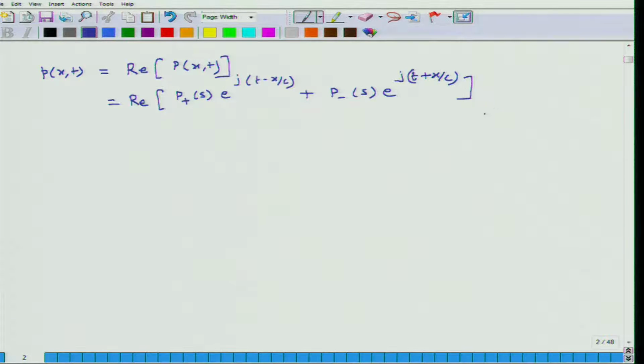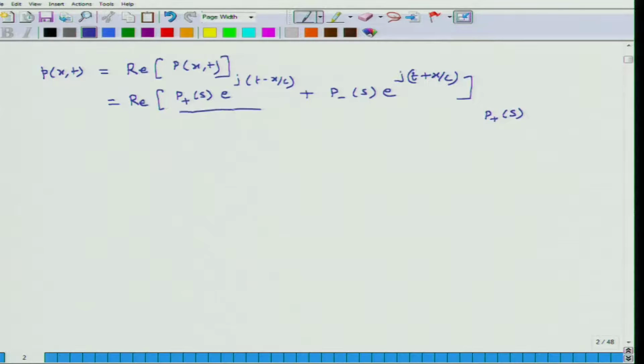This p plus term depends on complex frequency. In an earlier class we had talked about complex time functions.